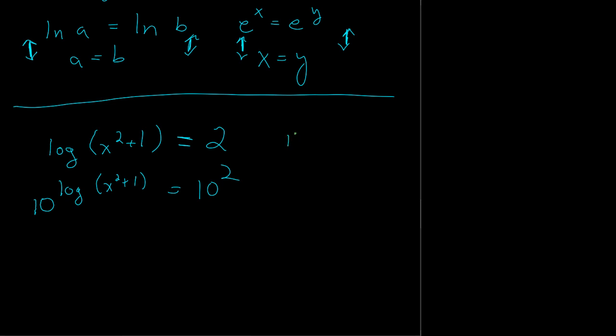What I'm saying here is 10 to the x is equal to 10 to the y. Right? If I make my left-hand side x and my right-hand side y, they are equal to each other. So I can make them powers. So I make my left-hand side a power to 10, and I make my right-hand side a power to 10. Well, because these have the same base, they cancel.